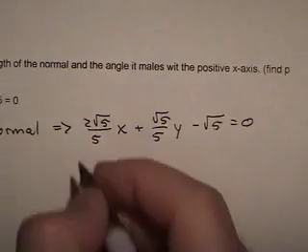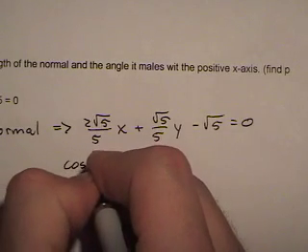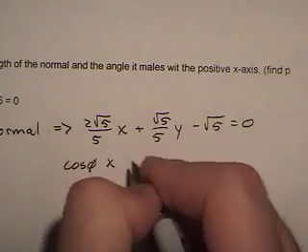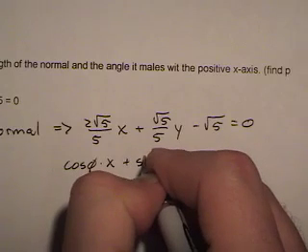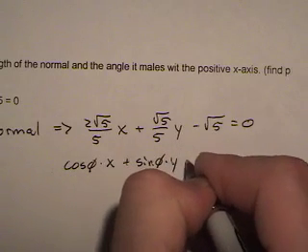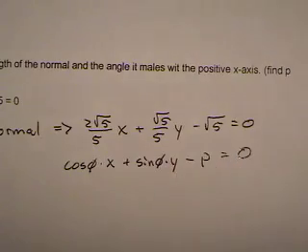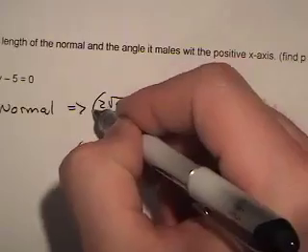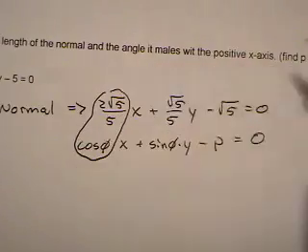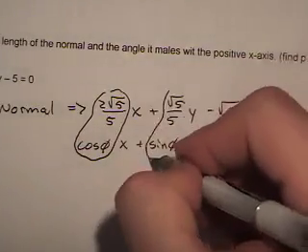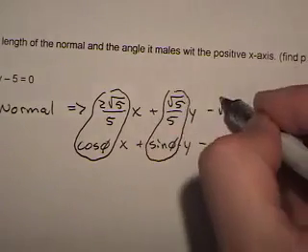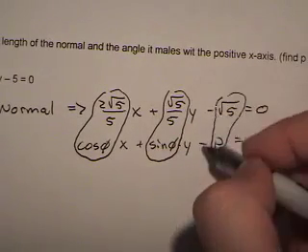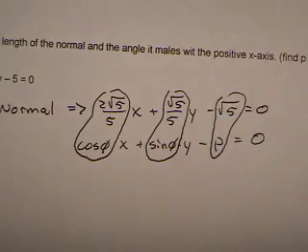Also remember that it's cosine phi times x plus sine phi times y minus p equals 0. That's what I got from up here. I just put the x out front so it could match up. Well, you'll see now, this number is cosine phi. This number is sine phi. This number, since the signs match up, is p.